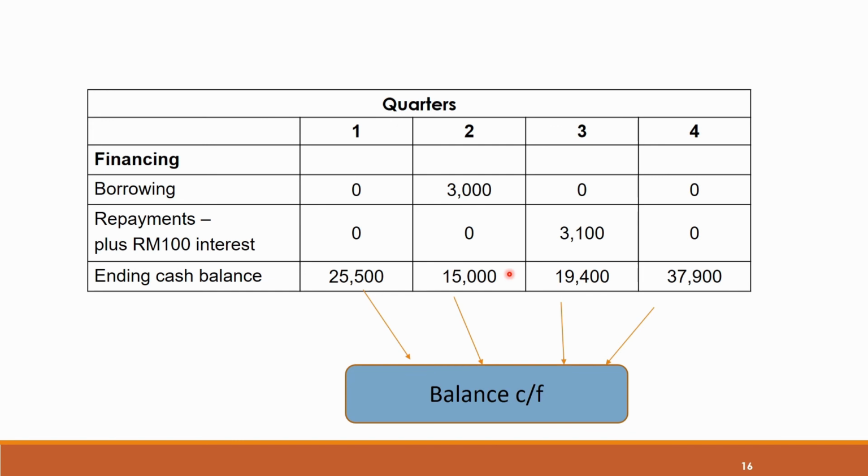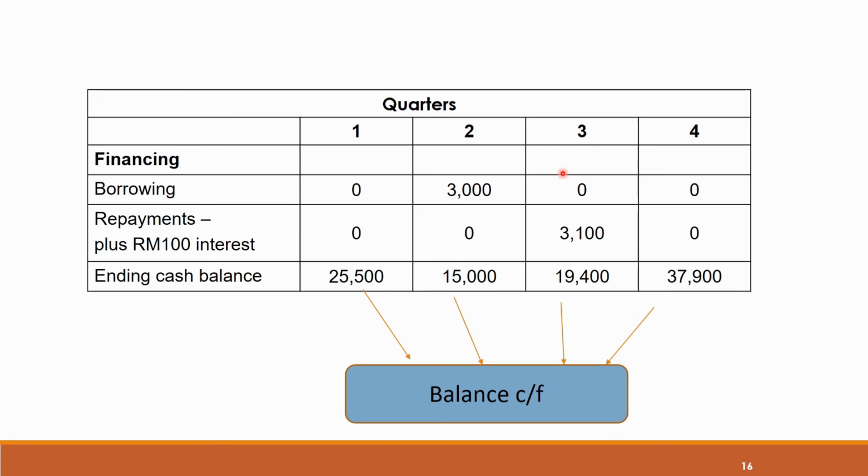So you can get this amount. This amount you must carry forward to the third quarter as the beginning balance. After that, you have to do the same thing. You have to add the total receipts and you have to add the total available cash. Then you have to compare with the cash disbursements.